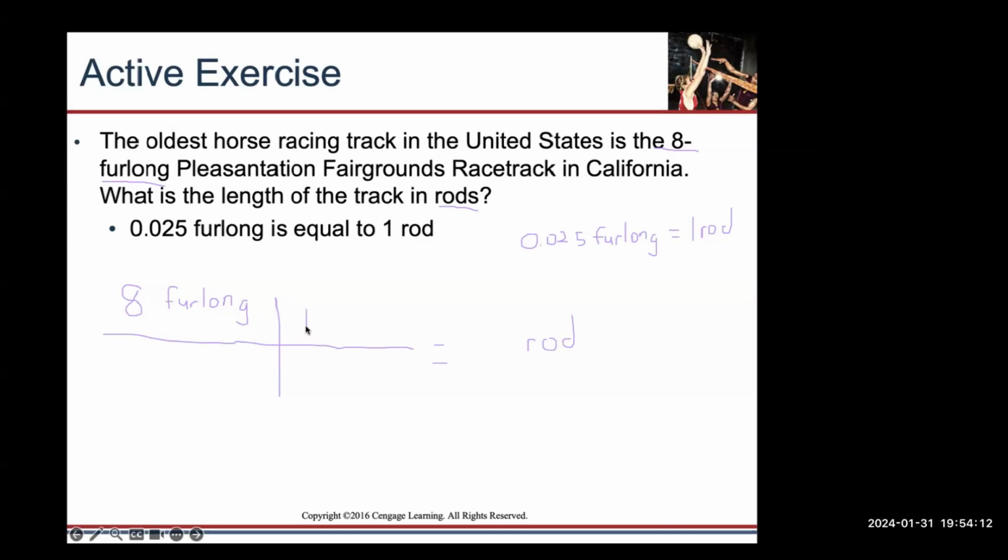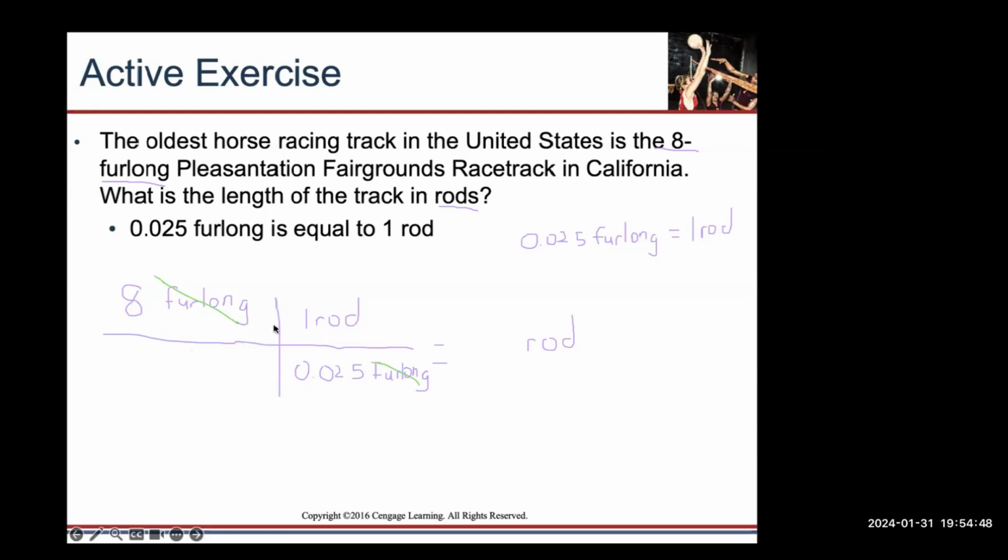Okay, so we're going to put that 1 rod on top, and then we're going to put the 0.025 furlongs on the bottom. In this case, furlongs are going to cancel out, and we're going to be left with rods.